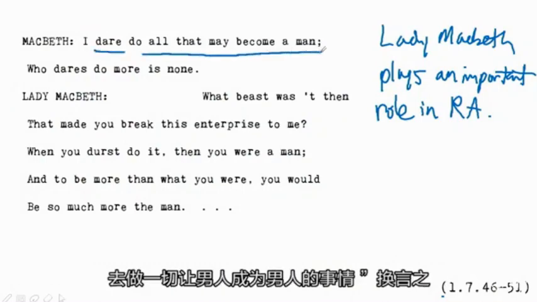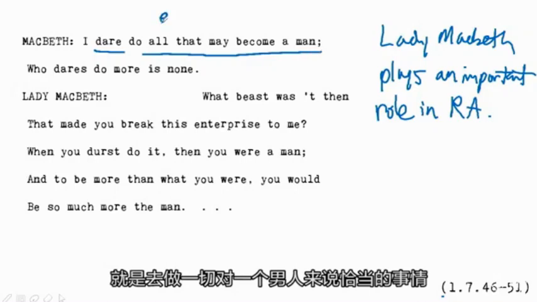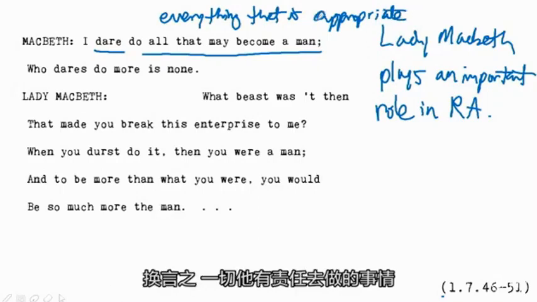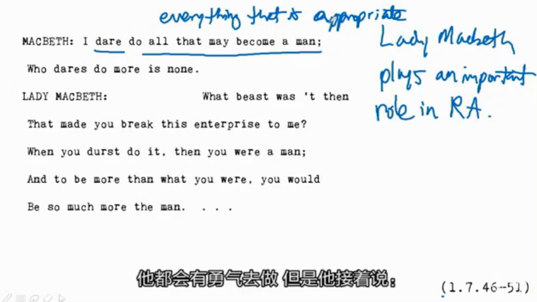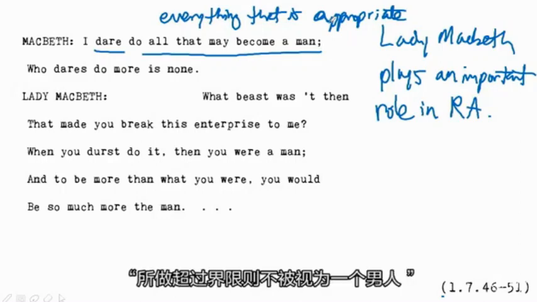man. In other words, to do everything that is appropriate for a man. In other words, anything that it is his duty to do, he has the courage to do. But then he says, who dares do more is none.